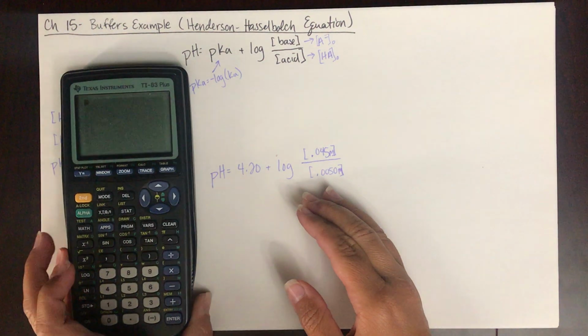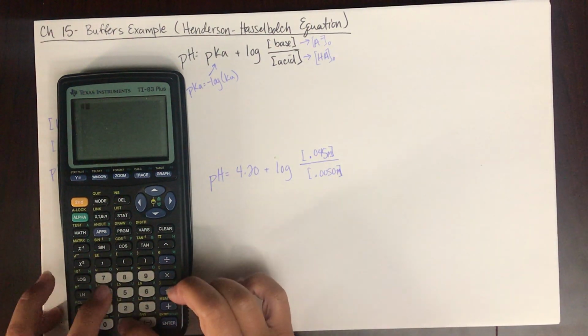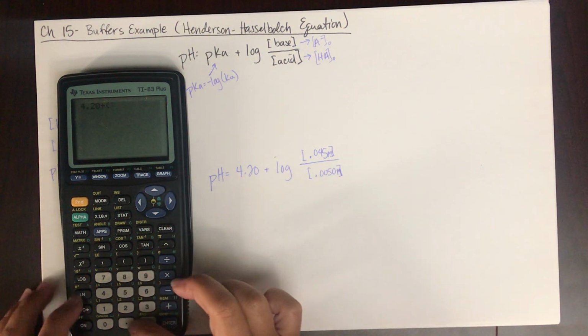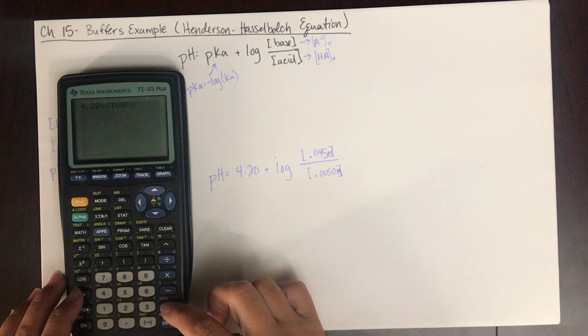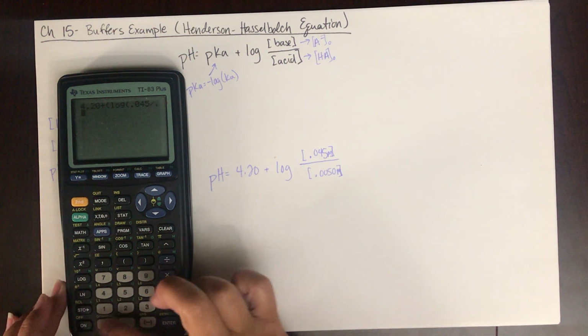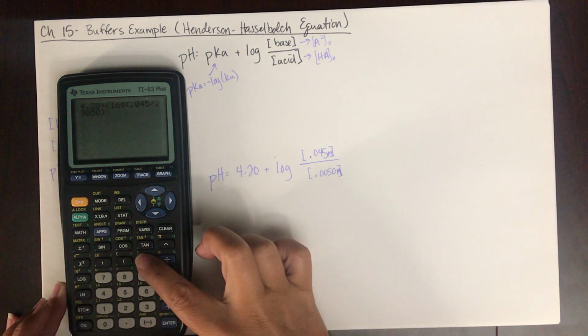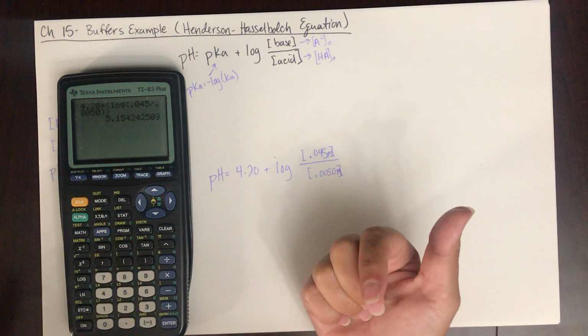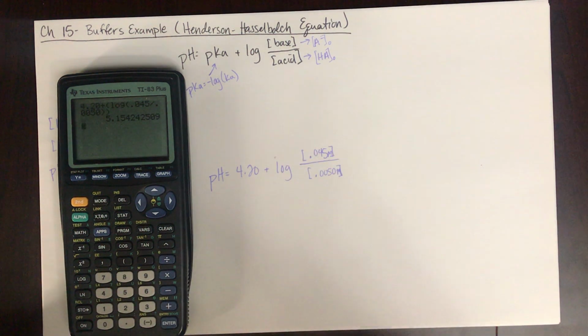You could do this all in one step, or you can do it in multiple steps. I'm going to say 4.20 plus the log of 0.045 divided by 0.0050 equals 5.154, whatever.